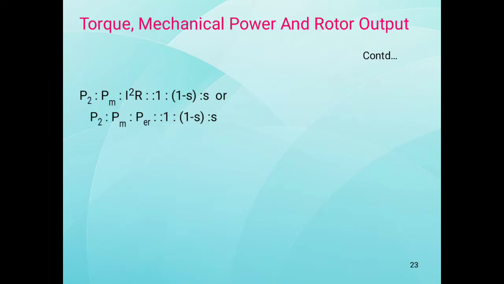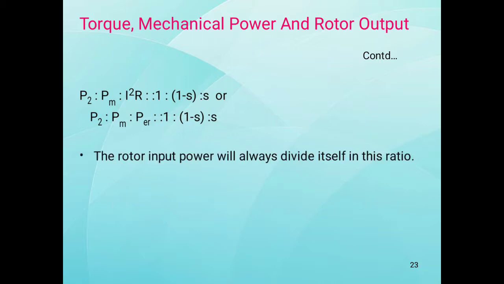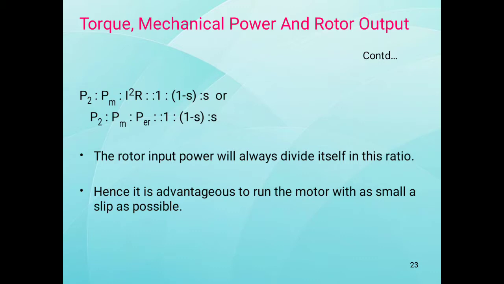In terms of S, P2, Pm and rotor copper loss are in the ratio 1 to 1 minus S to S. The rotor input power will always divide itself in this ratio. Hence, it is advantageous to run the motor with as small a slip as possible.